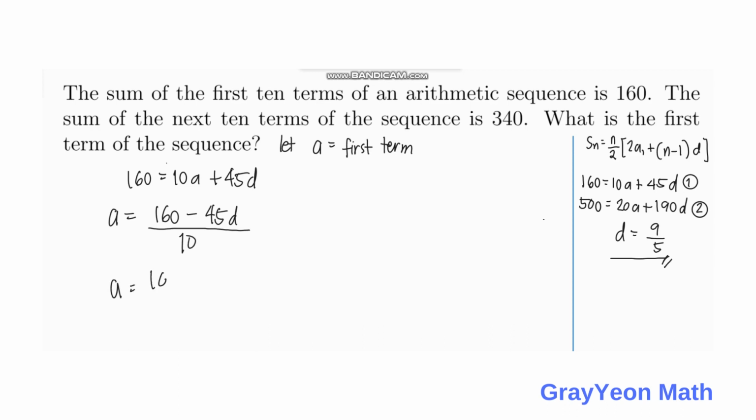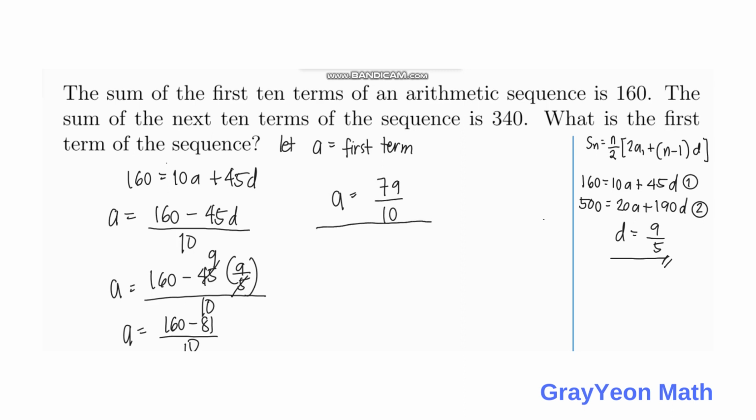So a is equal to (160 minus 45 times 9/5) all over 10. And 45 divided by 5 is equal to 9, so 160 minus 81, all over 10. So a is equal to 79 over 10, and this is the first term. That is our answer.